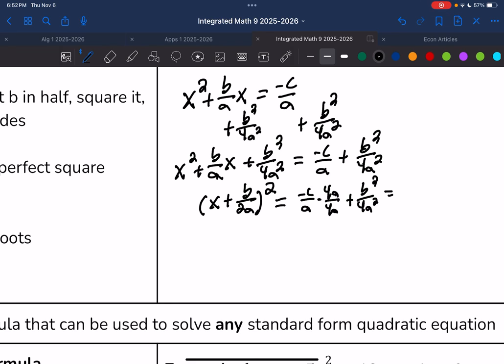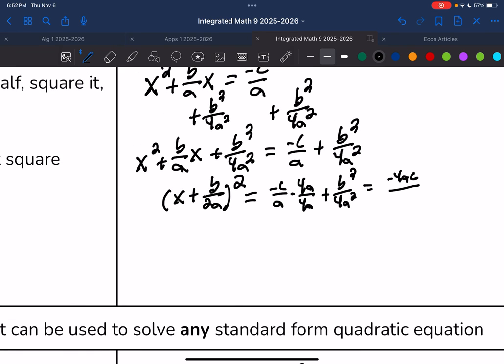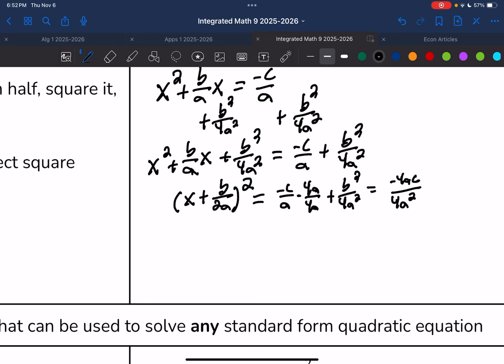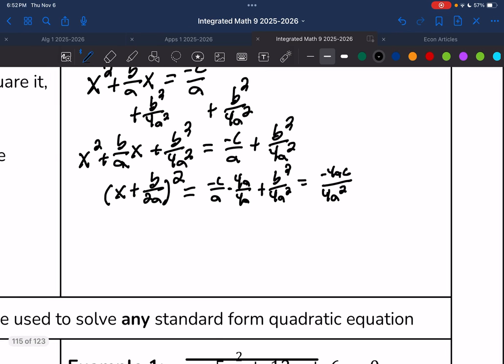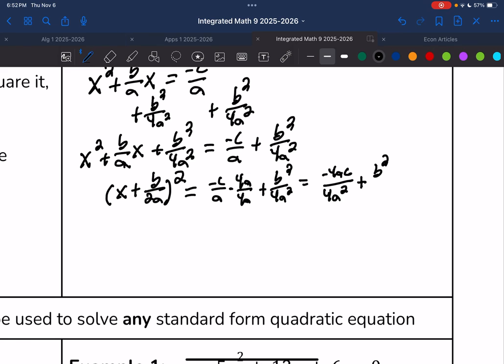The reason for doing that is I want a common denominator. So when you multiply these first two numbers, I'm going to get negative 4ac over a times 4a, which is 4a squared, plus b squared over 4a squared.